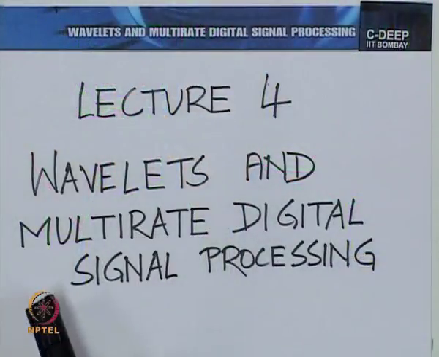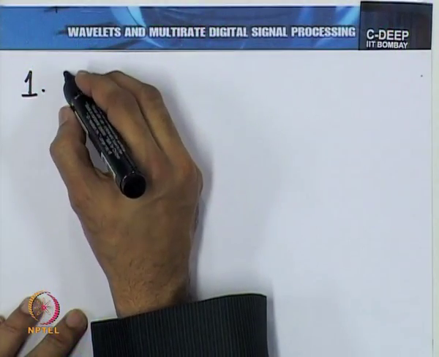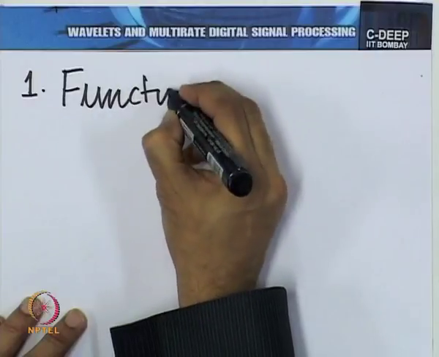So, just to put our discussion in perspective, this is the fourth lecture on the subject of wavelets and multirate digital signal processing, and what we intend to discuss in this lecture is the following. Let me put down the points one by one. The first thing that I wish to talk about today is to think of functions as generalized vectors.